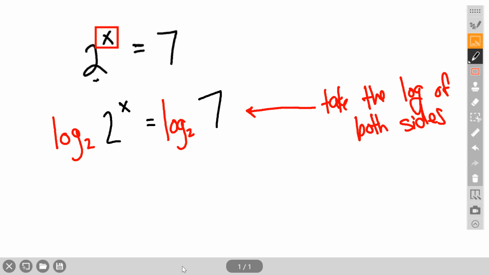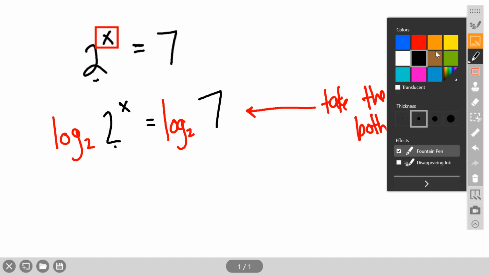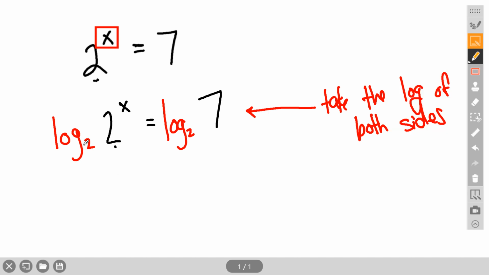Why is it base 2? Because what we're trying to do is get rid of this 2 here, and the inverse property of logs says that a log that has the same base as the exponent can cancel each other out. So essentially what we're doing in this next step is we are saying log base 2 cancels out an exponent base 2.